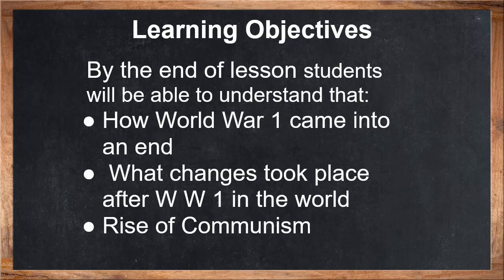Assalamu alaikum. Learning objectives are: by the end of the lesson, students will be able to understand how World War I came to an end, what changes took place in the world after World War I, and the rise of communism.